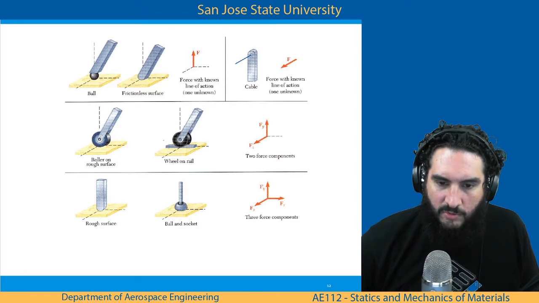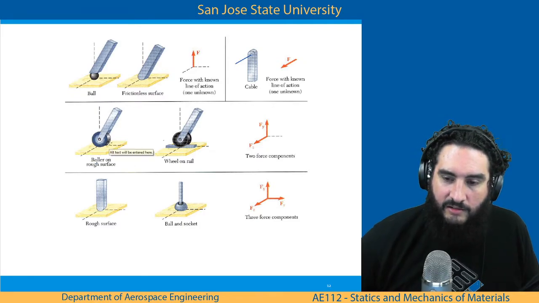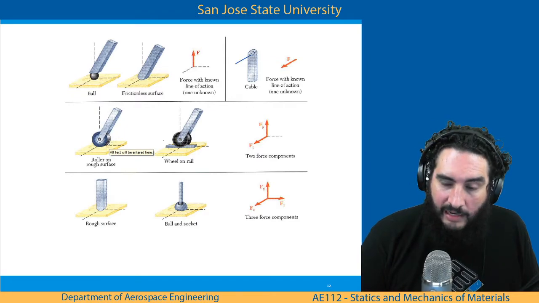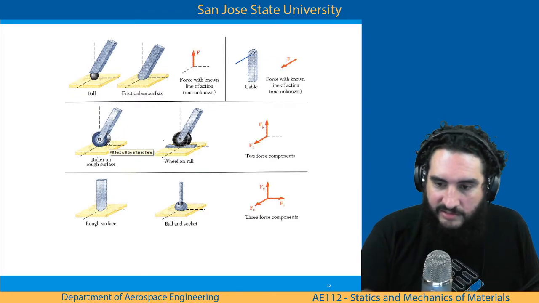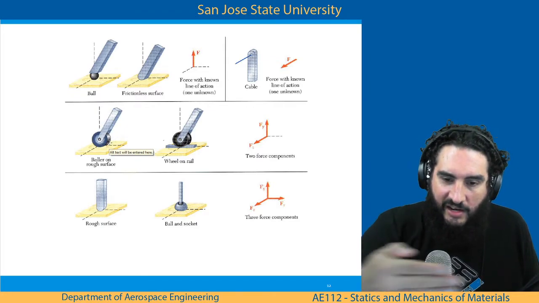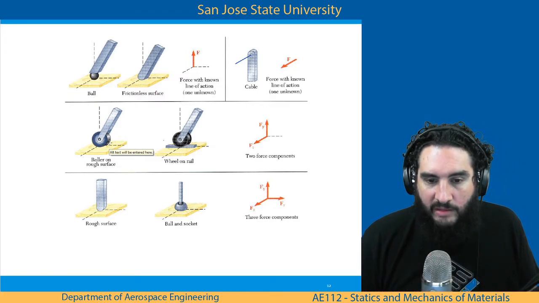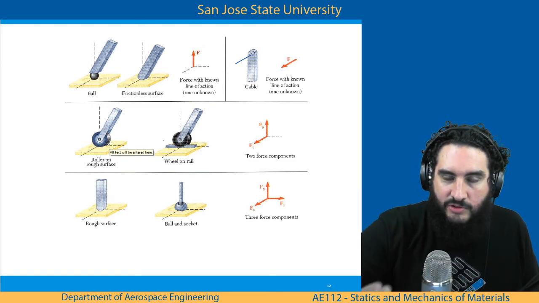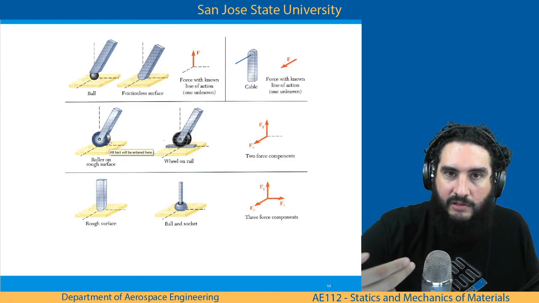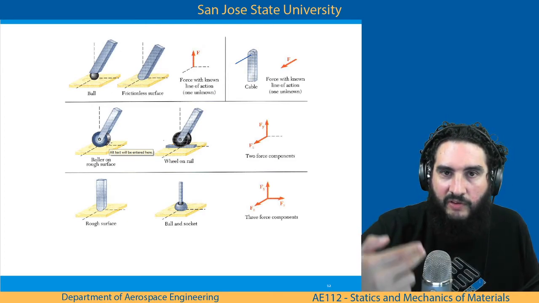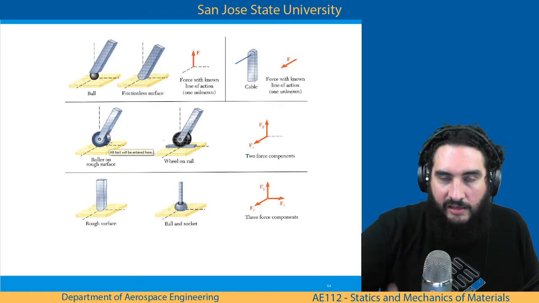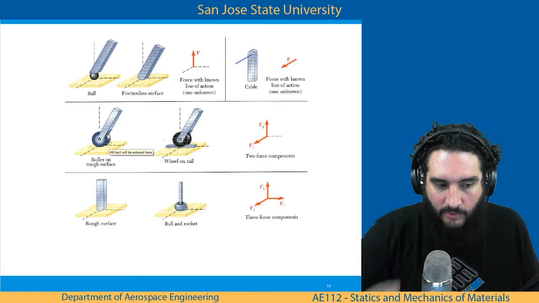So it'll give us the normal force and it'll give us an FZ. But again, if we give it an X, the roller will just roll. But if we give it one that comes towards us out of the page, it will provide a reactionary force there, and it'll also provide the normal force going upward.